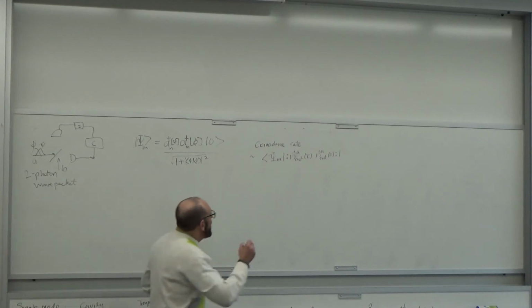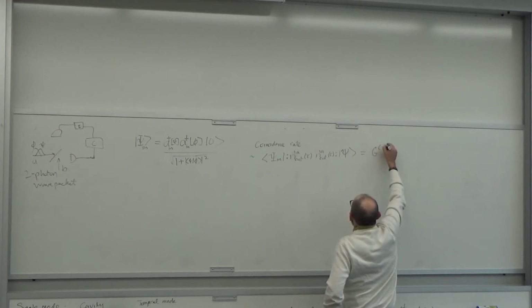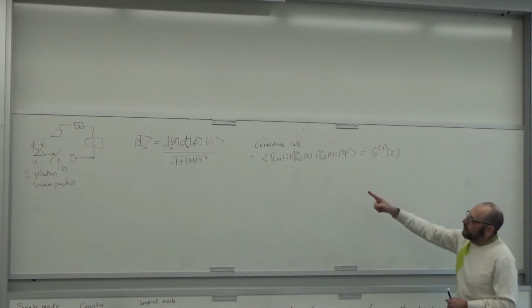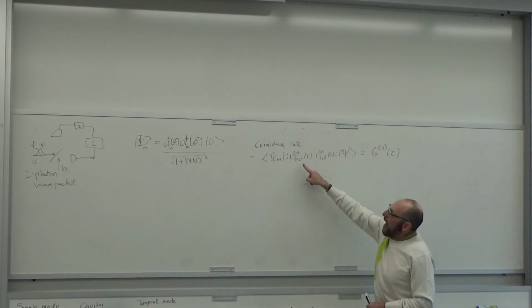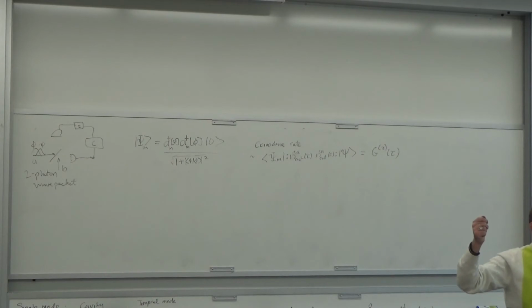So this is my G2 of tau. This is like the two intensities at the output port in mode A, one at time 0, one at time tau.